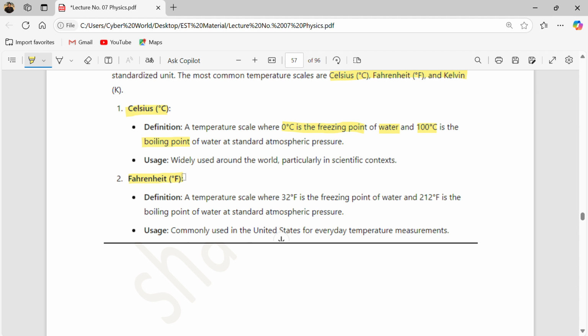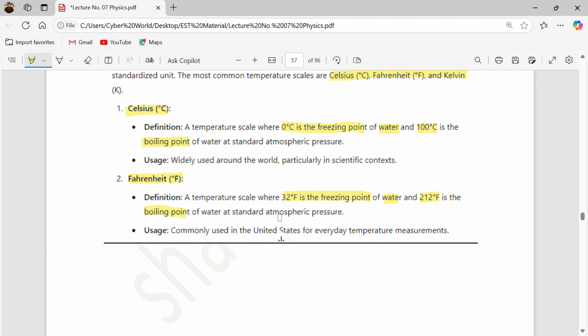In Celsius, 0 degrees is taken as the freezing point of water, but in Fahrenheit, 32 is the standard freezing point, and 212 is taken as the boiling point of water.